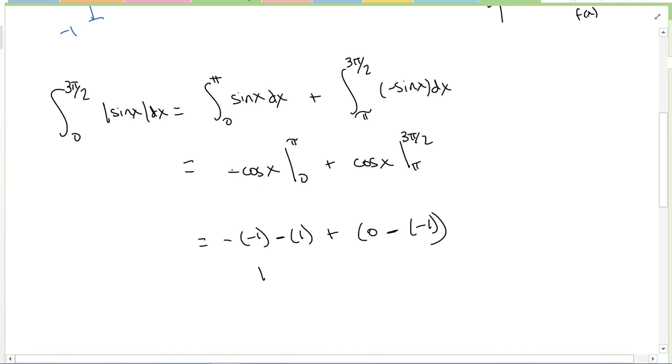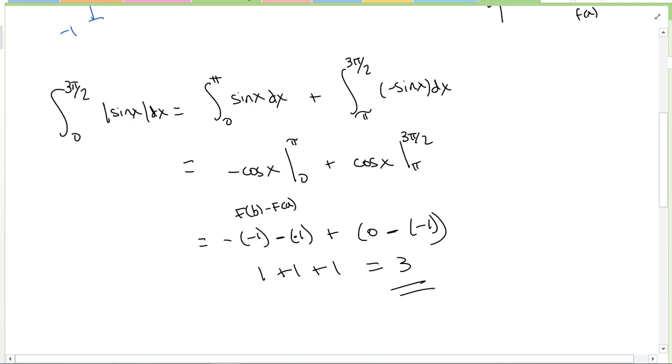That should be a plus, because you have f of b minus f of a, and f of a happens to be a negative cosine of 0. Cosine of 0 is 1. So I get plus 1 there, plus negative and negative 1, plus another 1. So the area would actually be 3.